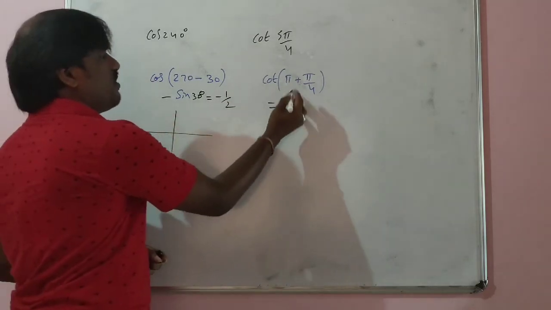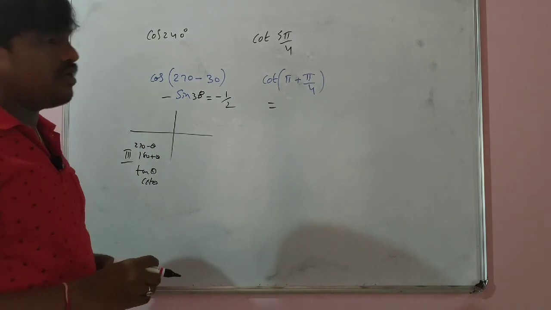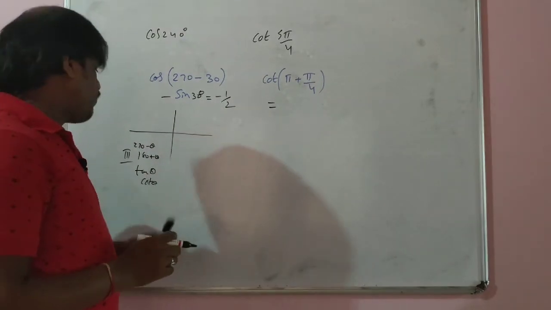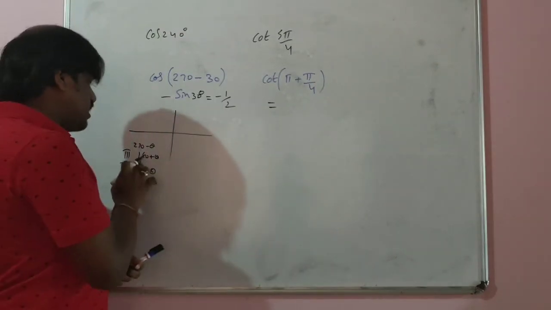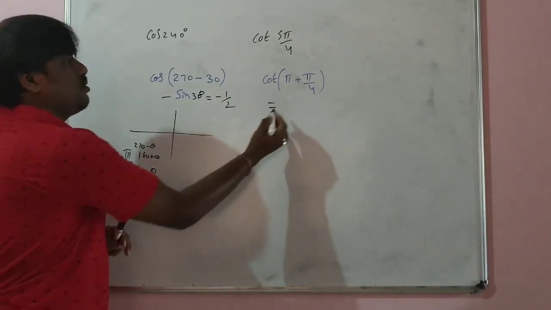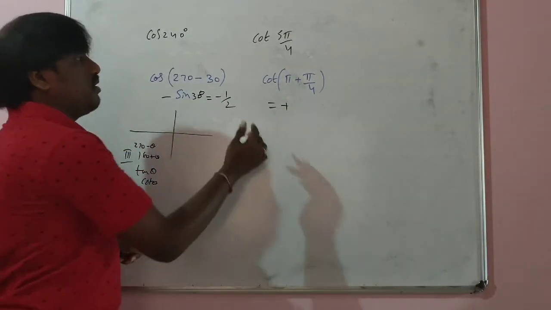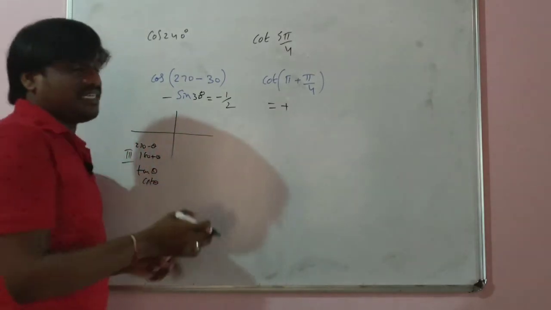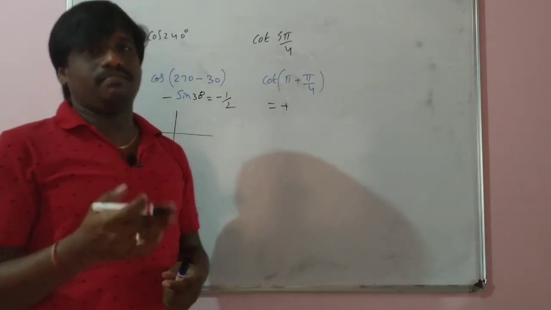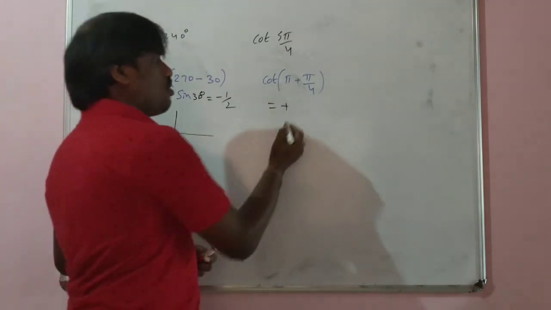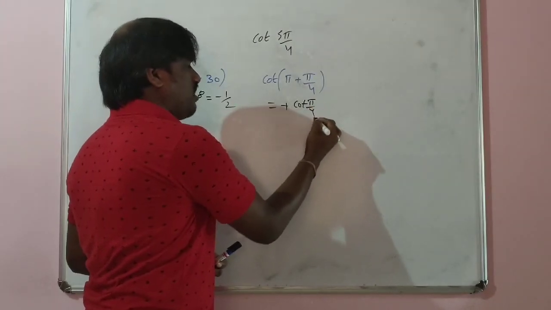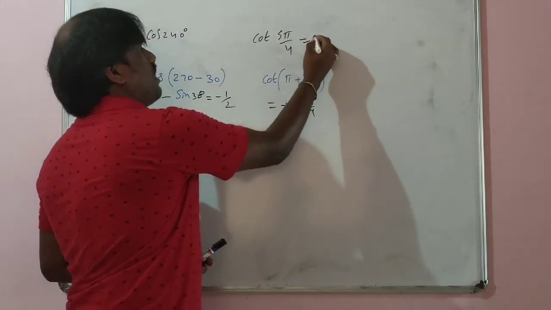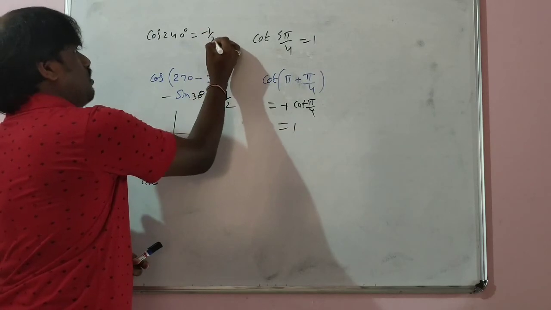Like this, I want to find cot of pi plus pi by 4. 180 plus theta is this quadrant, cot is positive here, so the answer is positive. With 180 there is no change, so I get cot pi by 4. Cot pi by 4 value is how much? 1. So this value is 1 and this value is minus 1 by 2.